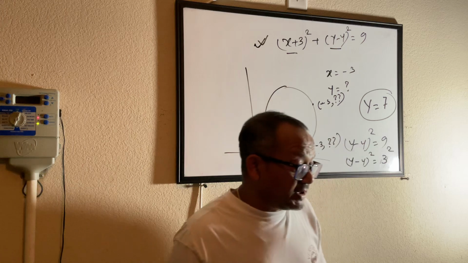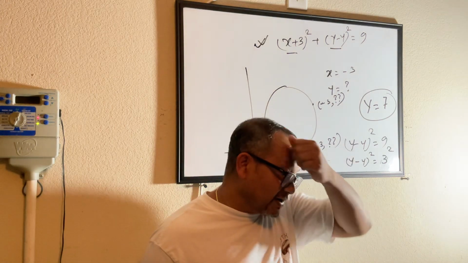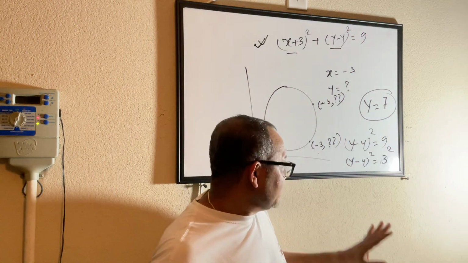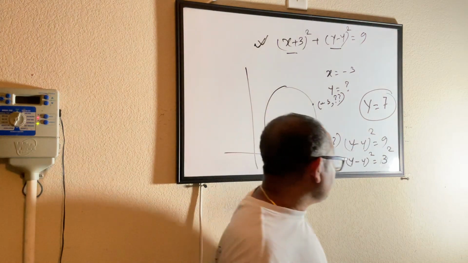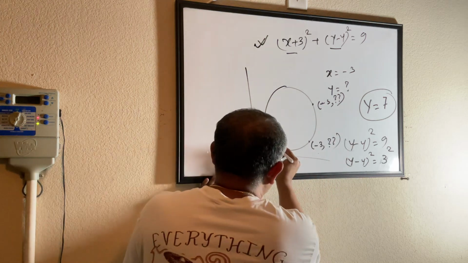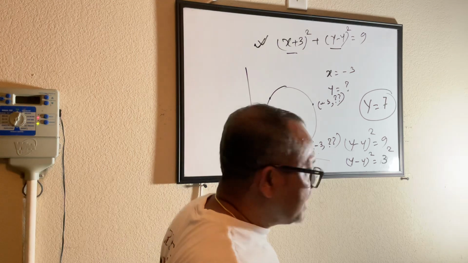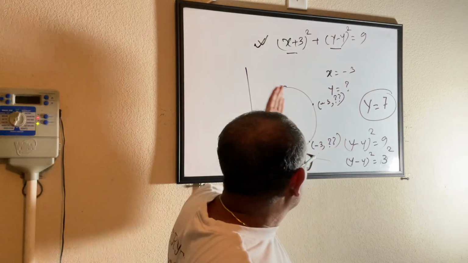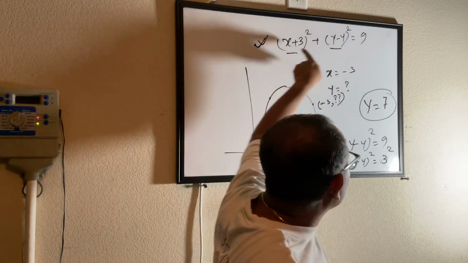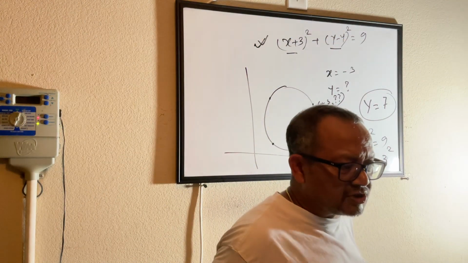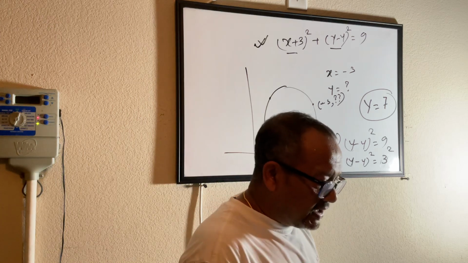See, even I had not thought on those lines, because I had not looked at solving this problem. But Chris asked whether it will be only 1 point always, or can it be 2 points? And my answer is, it can be 2 points, meaning we are talking about 2 possible values of y. As long as that satisfies this condition, no question about it. So we'll try solving it.